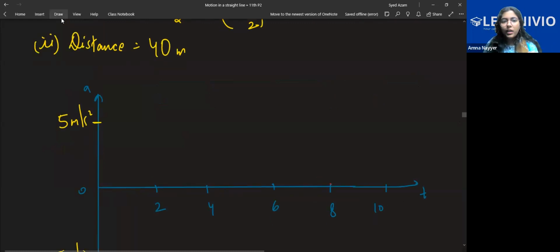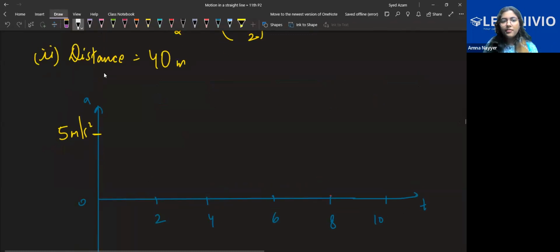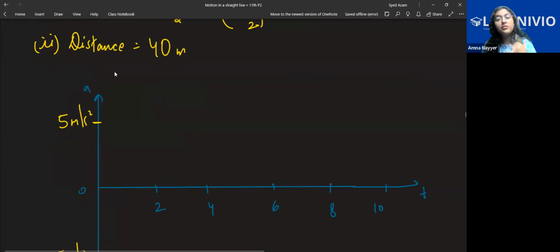Now we are plotting the graph. So graph is constant initially, means it is 5 meter per second square at every point till 2 seconds. But it is constant, so it's a straight line, right? Acceleration is coming like this, it is constant.